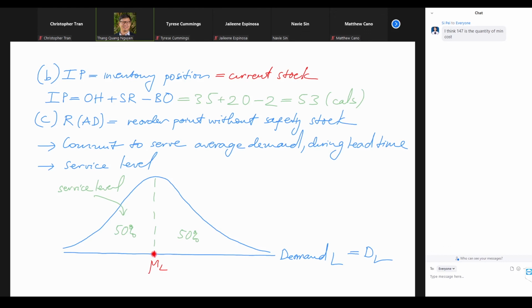We carry that much. So if demand falls below it, then we can serve the demand. Otherwise, we have the stock out, right? So that's why the left-hand side area, we call it the service level. And the right-hand side area, we call that the stock out probability.